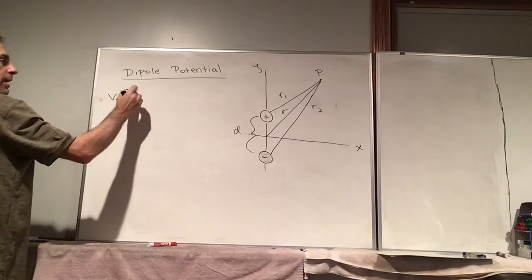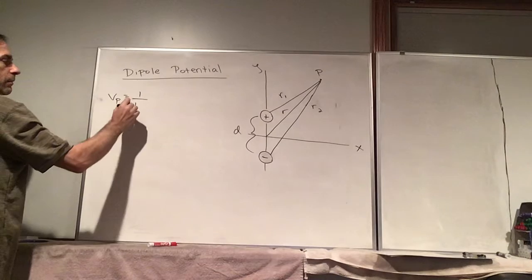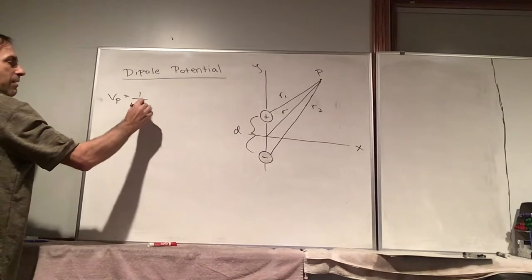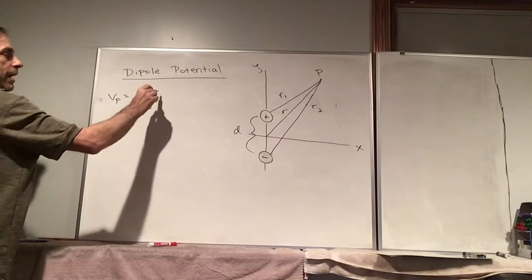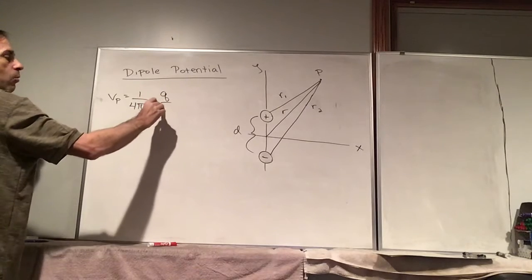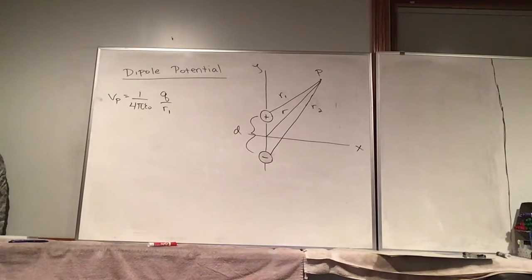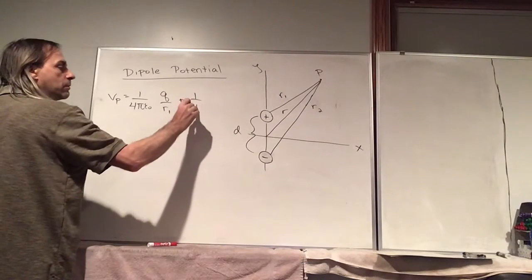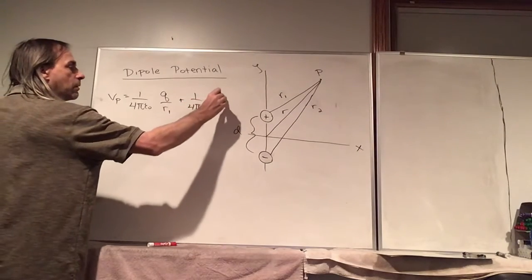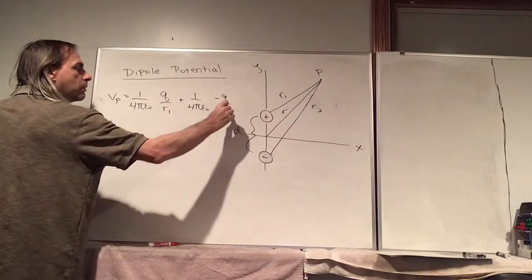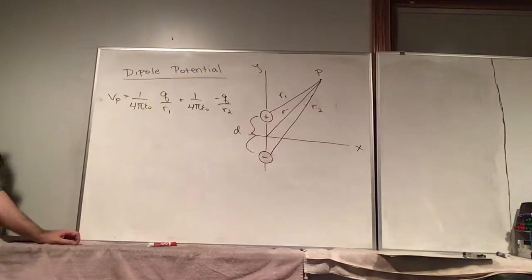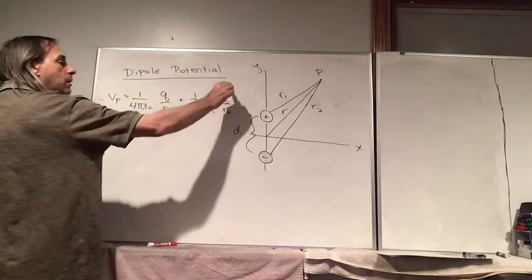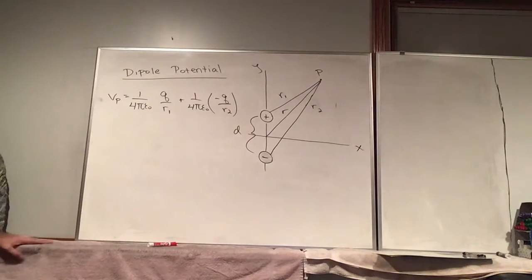Potential at point P: we've got our constant, and then we'd have Q over r1, and then the negative charge. So just kQ over r for each charge.